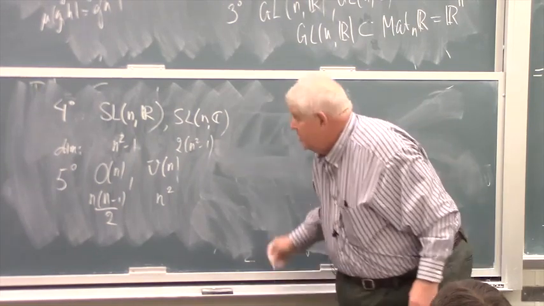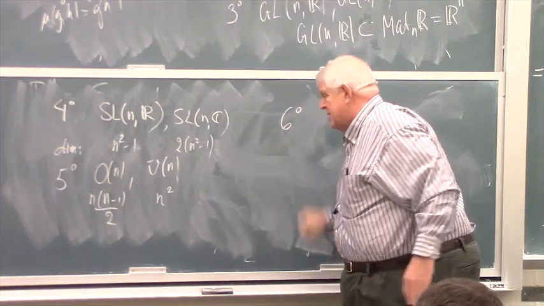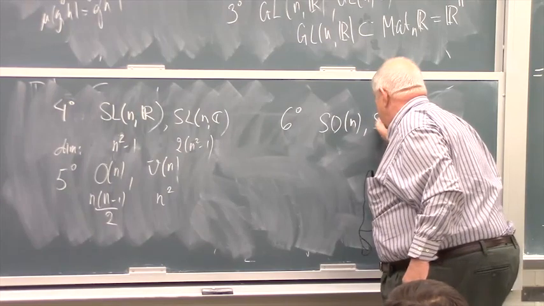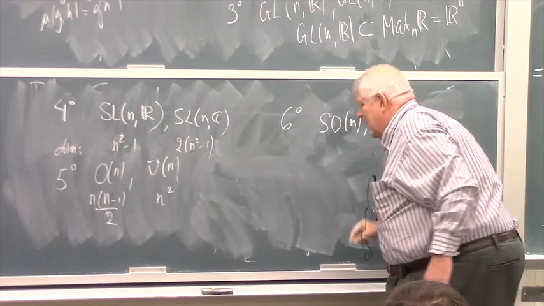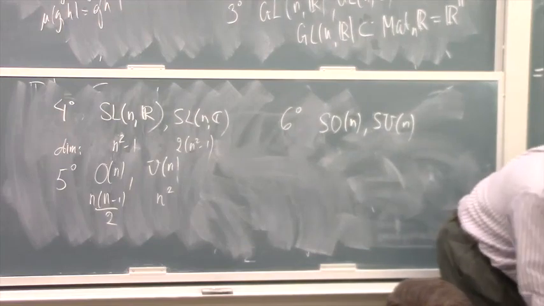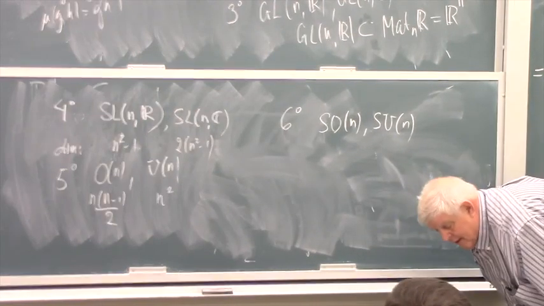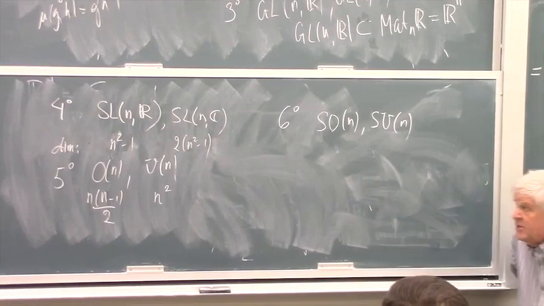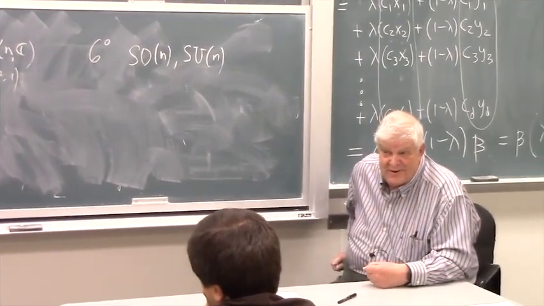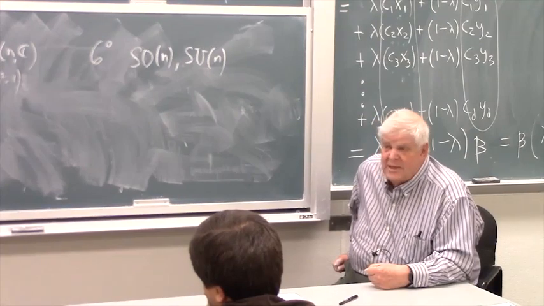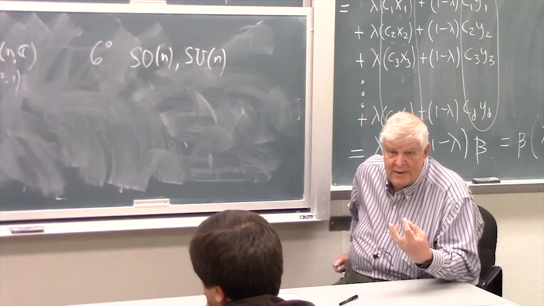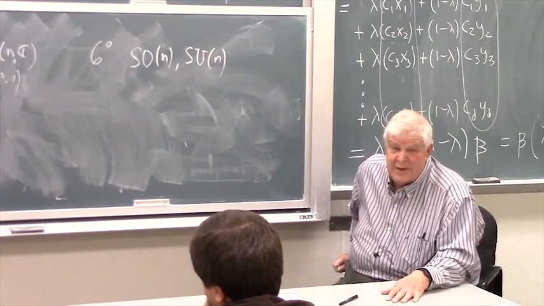Also, I want to mention, to make this list complete, the groups SO(n) and SU(n). What are they? These are the intersections of the groups in the previous two examples. So we consider orthogonal matrices, but we specify that the determinant is 1. For an orthogonal matrix, the determinant is plus minus 1.